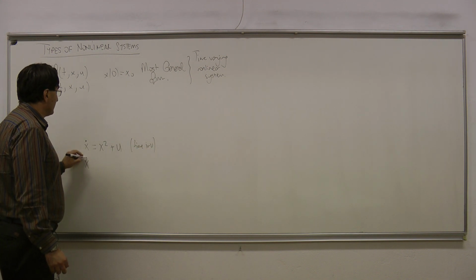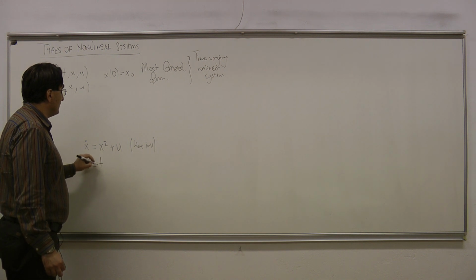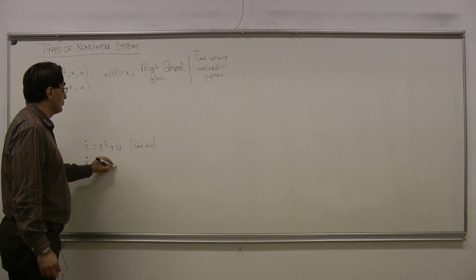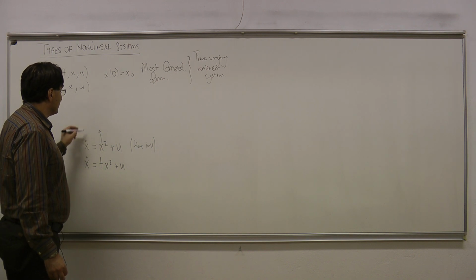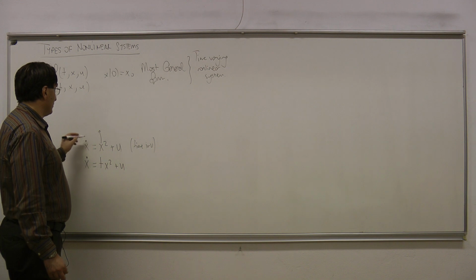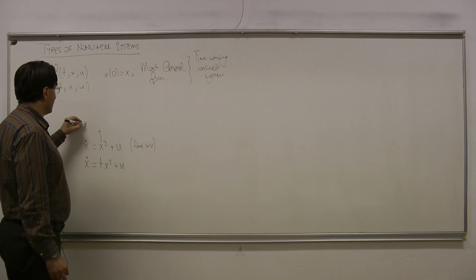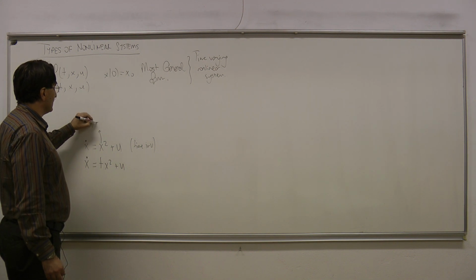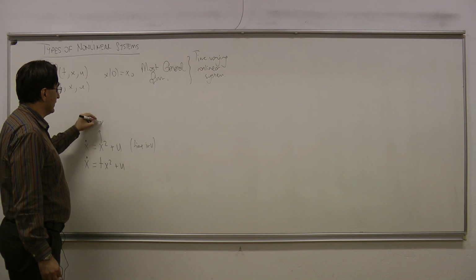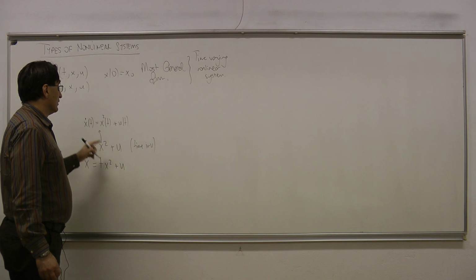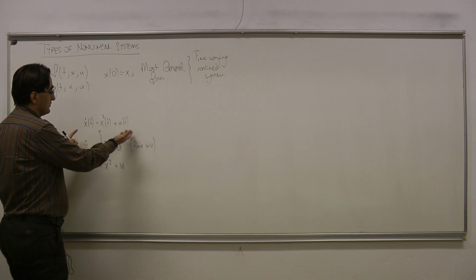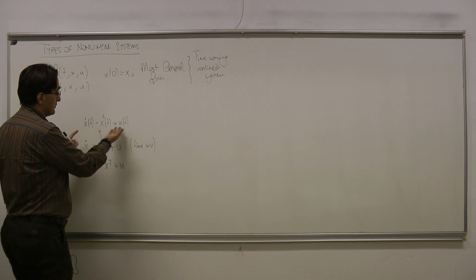On the other hand, if there is an explicit t dependence, t times x squared plus u. Remember that in this case, if I write the first differential equation here, I can put t dependencies: x dot of t is x of t squared plus u of t. So these are all functions of time, and they change with respect to time.